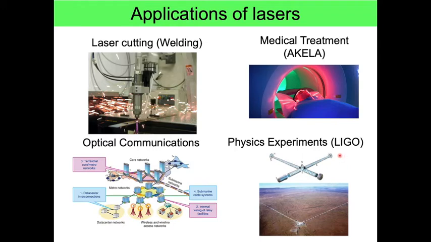Basically, shoot the laser from two perpendicular directions, and the distance is the same, so they should hit at this place at the same time with the same phase, right? In phase, if the distance was the same. But in fact, it's not the same because the gravity wave is traveling through this facility.